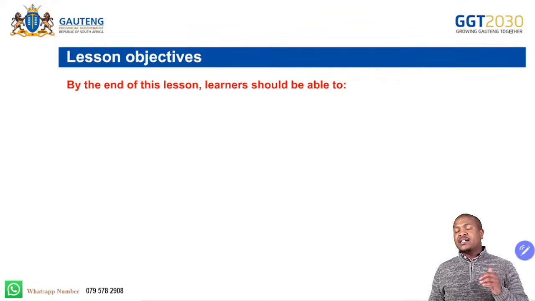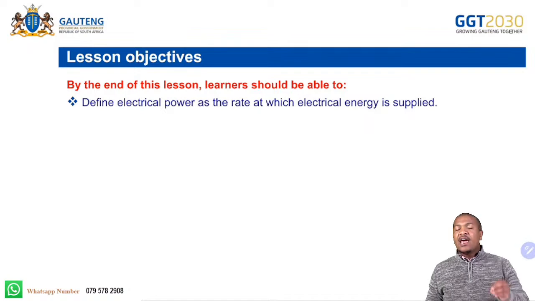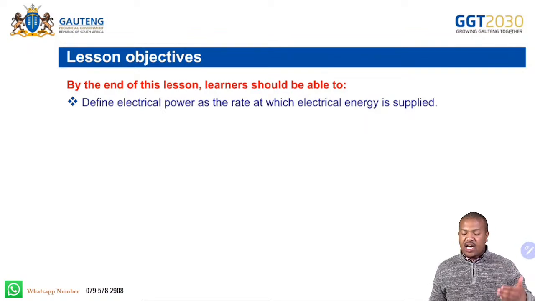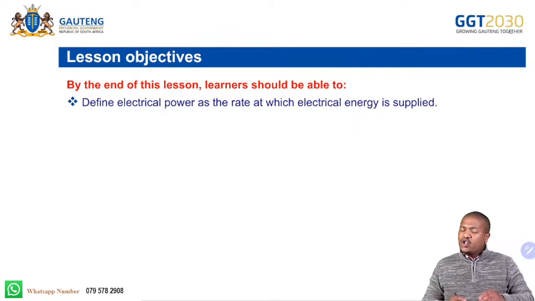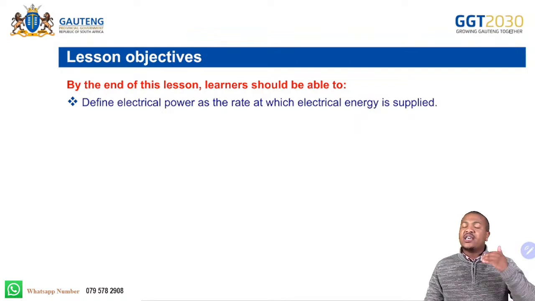When this lesson ends, we should firstly be able to define electrical power as the rate at which electrical energy is supplied.